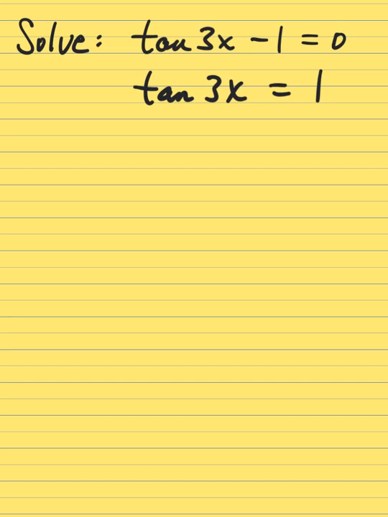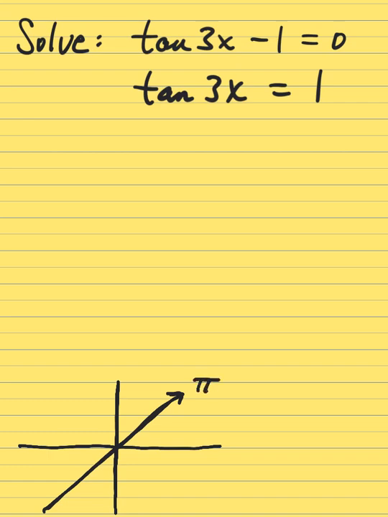Tangent is +1 in quadrants 1 and 3, specifically at pi over 4 and 5 pi over 4. Okay, so those are the two angles within the first rotation that give you a tangent value of 1.